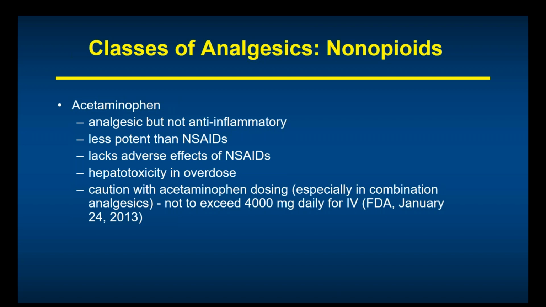There's debate about the effectiveness of IV acetaminophen. There's no debate about the fact that it peaks earlier, and that earlier peak may or may not be associated with effective analgesia, but it does play a role in treating patients who are unable to take oral acetaminophen.